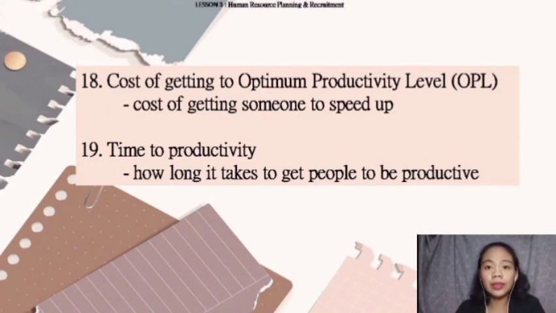Number 19, time to productivity. Time to productivity, or time to optimum productivity level, measures how long it takes to get people up to speed and productive. It is the time between the first day of hiring and the point where the employee fully contributes to the organization.